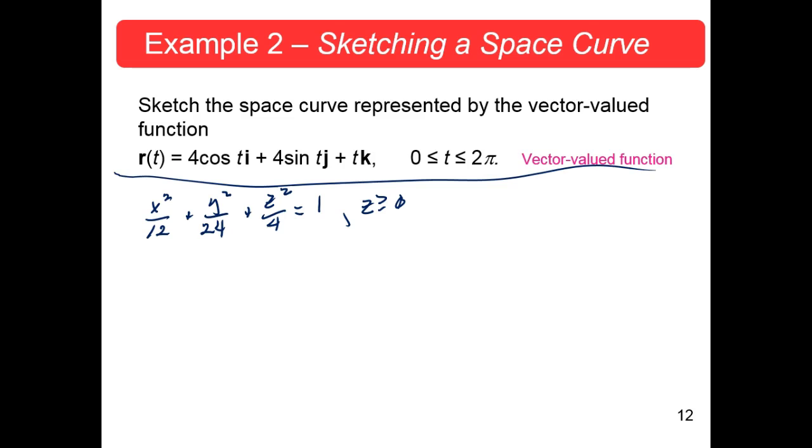Sketch the space curve C represented by the intersection of that semi-ellipsoid and the parabolic cylinder y is equal to x squared.